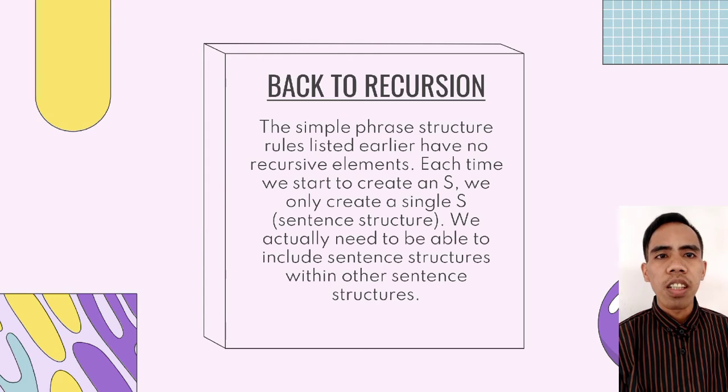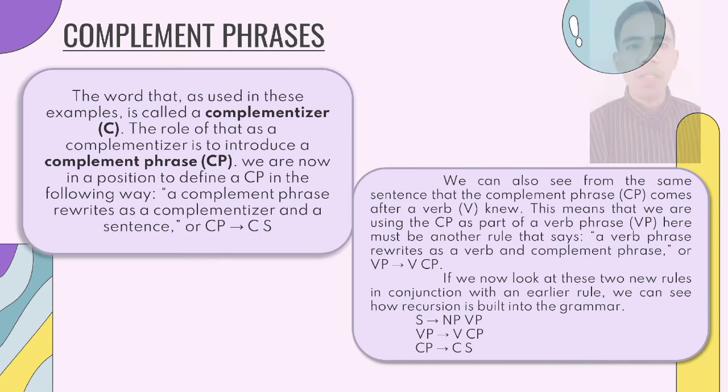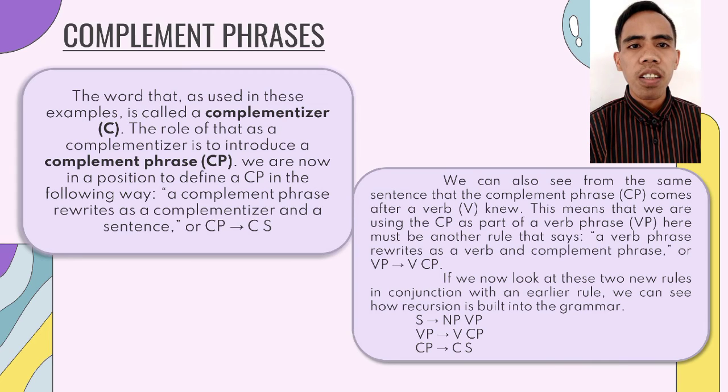Back to recursion. The sample phrase structure rules listed earlier have no recursive element. Each time we start to create an S, we only create a single S sentence structure. Complement phrase. The word "that," the way it is used in these examples, is called a complementizer.